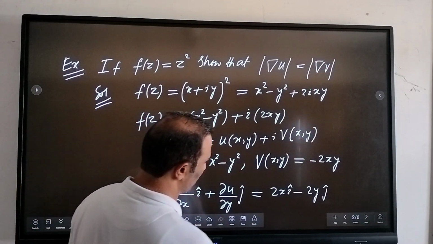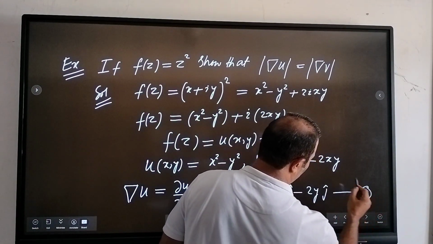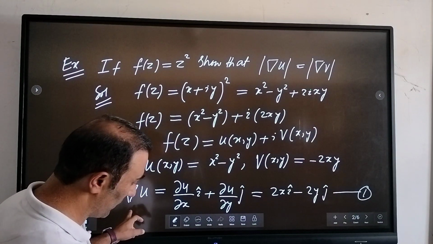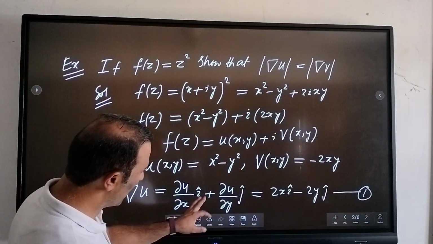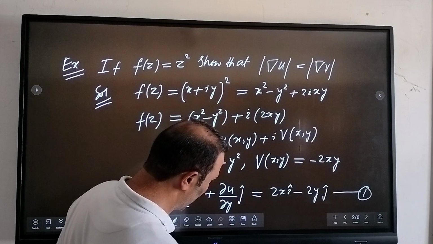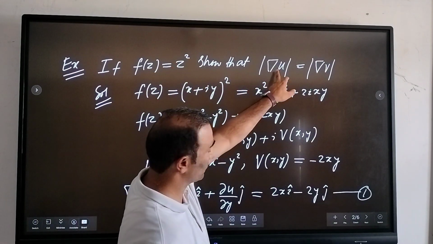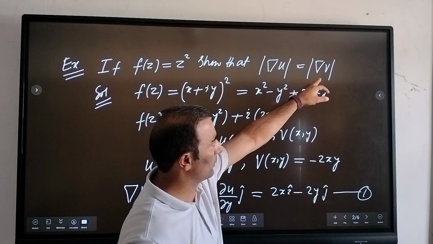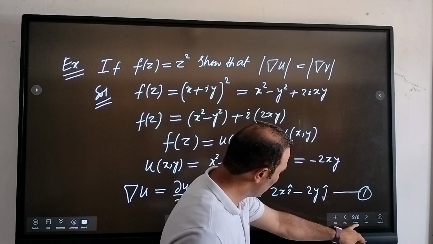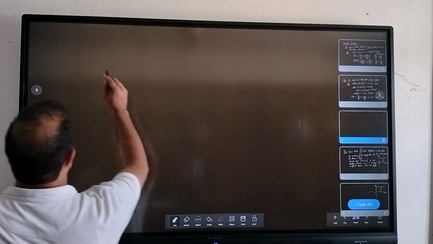So this is our first equation, right? First we calculate nabla of u. Now take its absolute value, because we need to calculate the absolute value of nabla u, which should be equal to this thing, right?